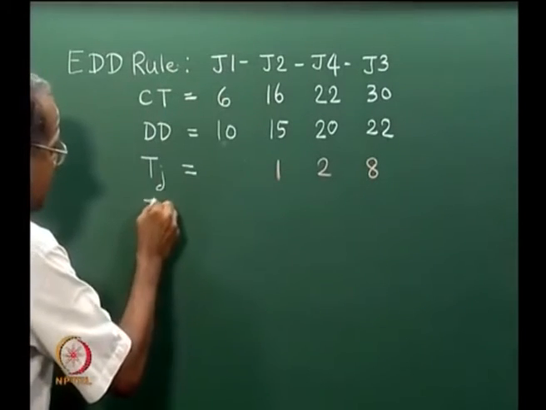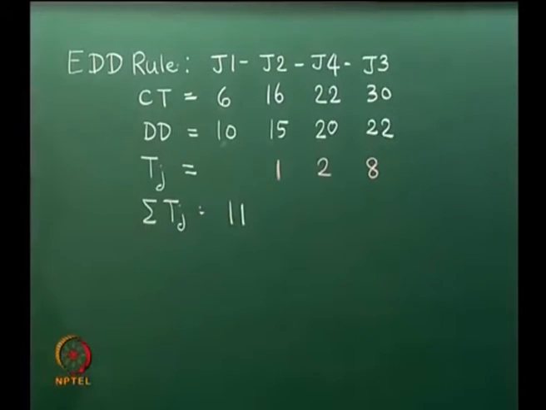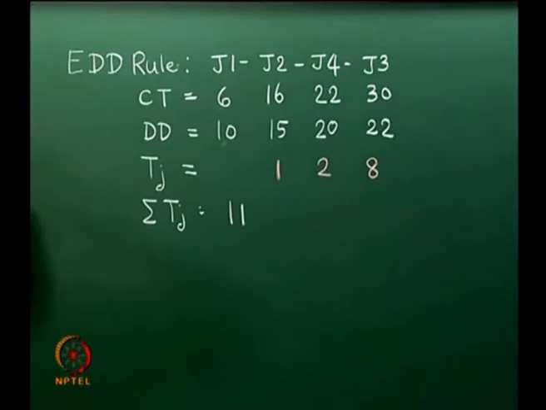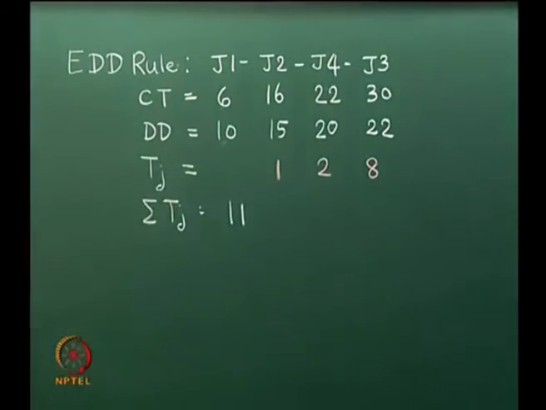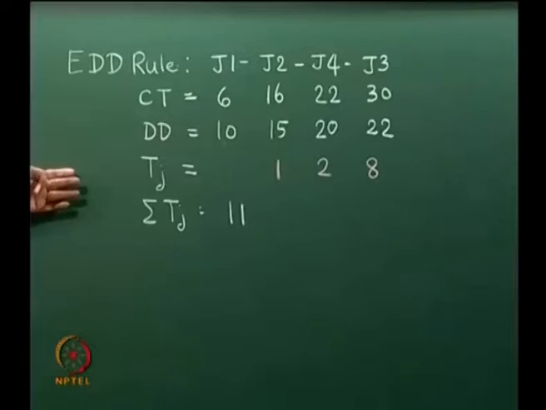So, sigma Tj for this example is 11. So, total tardiness is 11. It is very customary to use the earliest due date rule to try and minimize the total tardiness.